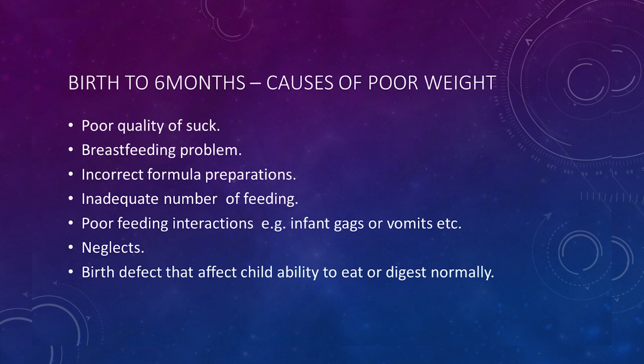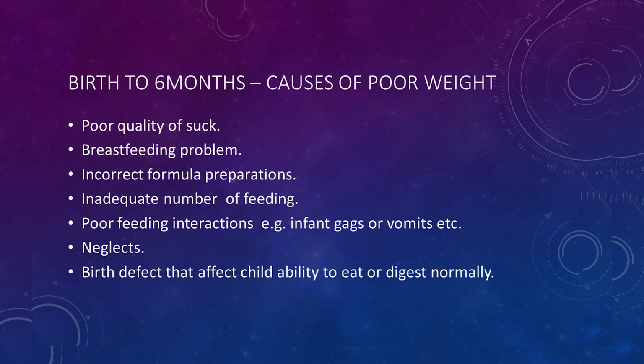After that, the baby is born. From birth to 6 months, the causes of poor weight gain: now, poor quality of suck, the baby is born but not able to suck the mother's milk properly. So the quality of suck is not good, and that again causes an underweight baby.